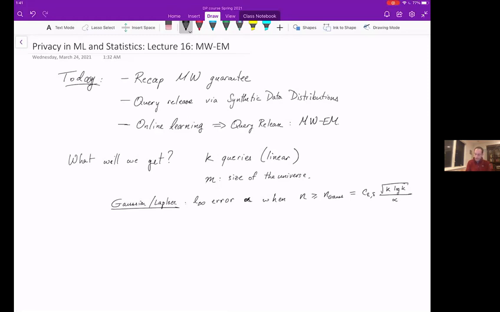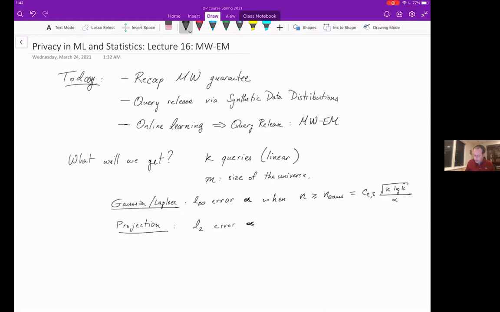So if we reformulate the guarantee for the Gaussian mechanism in terms of how much data we need to get a certain level of accuracy, this is what it looked like. On the other hand, the projection mechanism that we saw two lectures ago had a different kind of error guarantee. It had an L2 error guarantee, normalized so it still made sense to compare it, between 0 and 1.